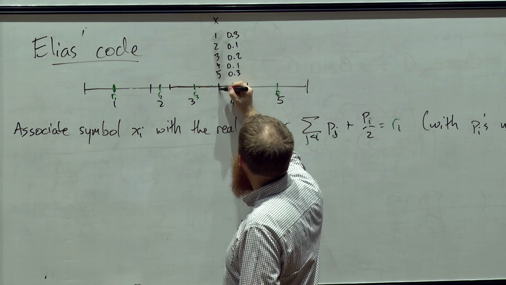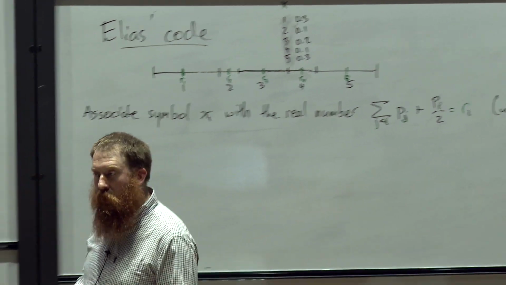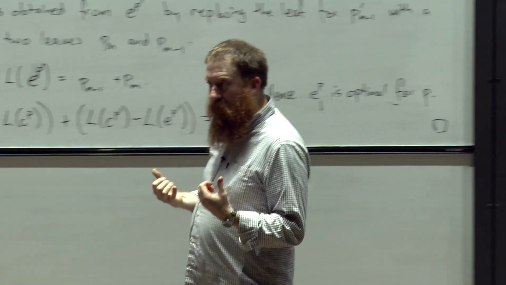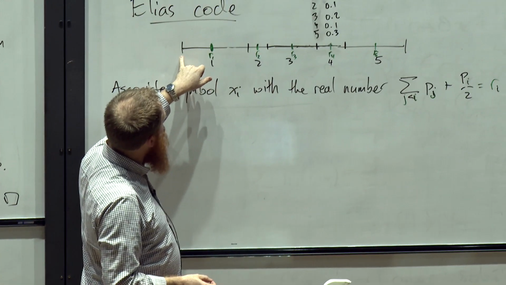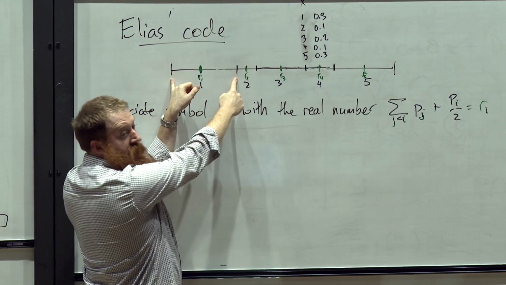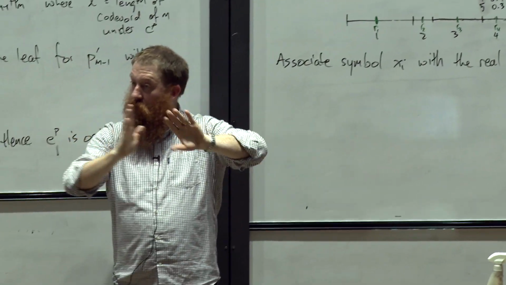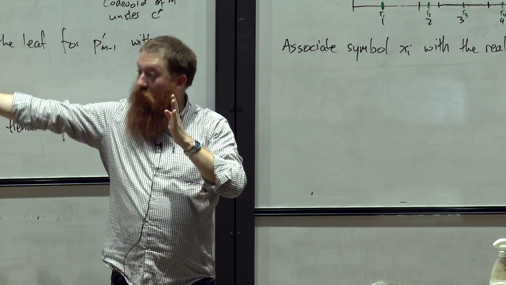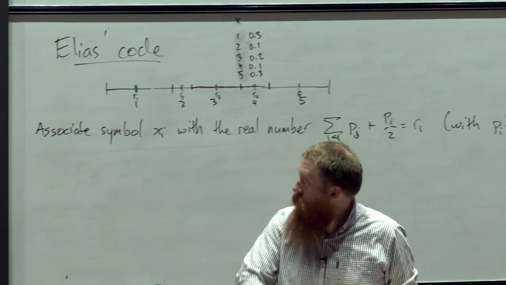Okay, so how far apart are these symbols? Well, when we were looking at the Shannon code, we knew that we had ordered our probabilities. That allowed us to guarantee that if I tell you this point, I've got at least this much distance until the next code word. In the Shannon code, it's the length of that interval on the left. And on the right, we would have an even longer interval. Here, what do we know?